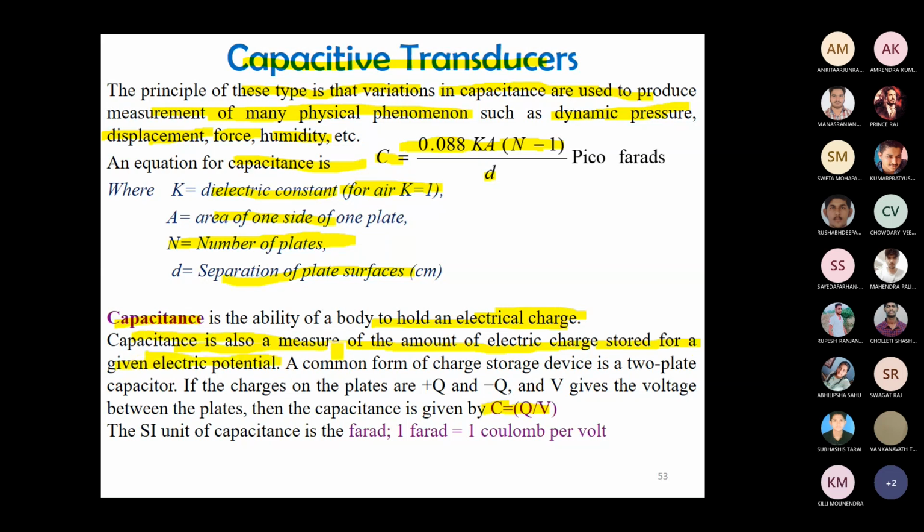A common form of charge storage device is a two-plate capacitor. If the charges on the plates are plus Q and minus Q, and V gives the voltage between the plates, then the capacitance is given by C equals Q by V. This is the definition of the farad: 1 coulomb per 1 volt.